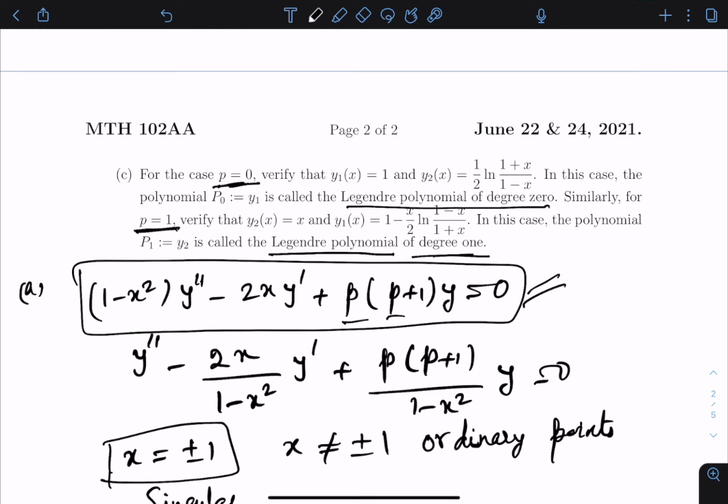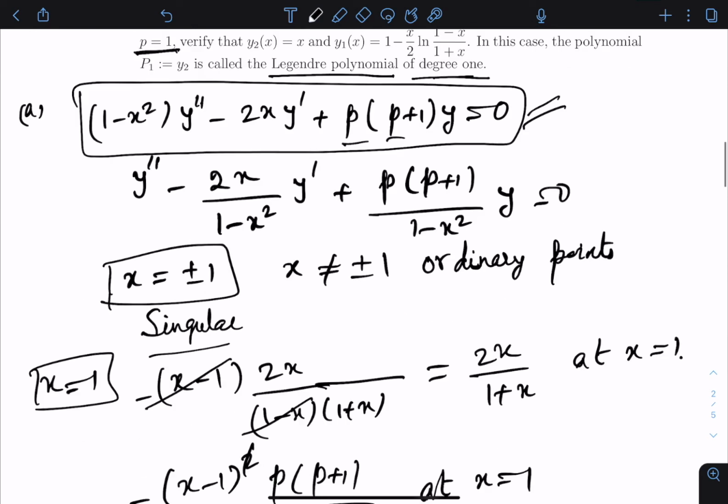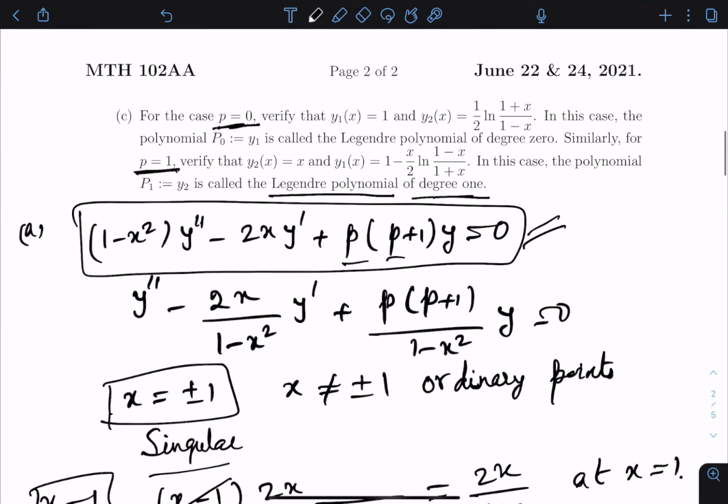More generally, once you fix a P, one of the solutions is going to be a polynomial of degree P, and that is called the Legendre polynomial. Okay, so let's obtain that.